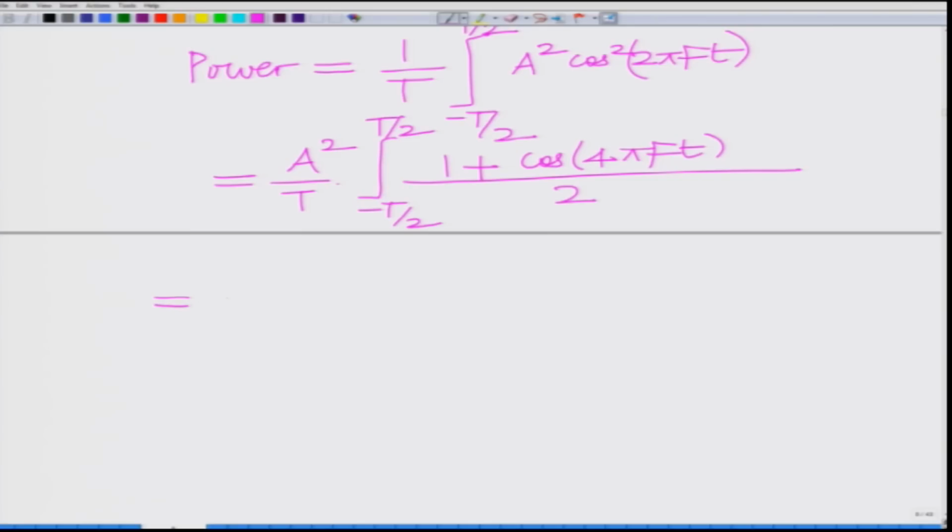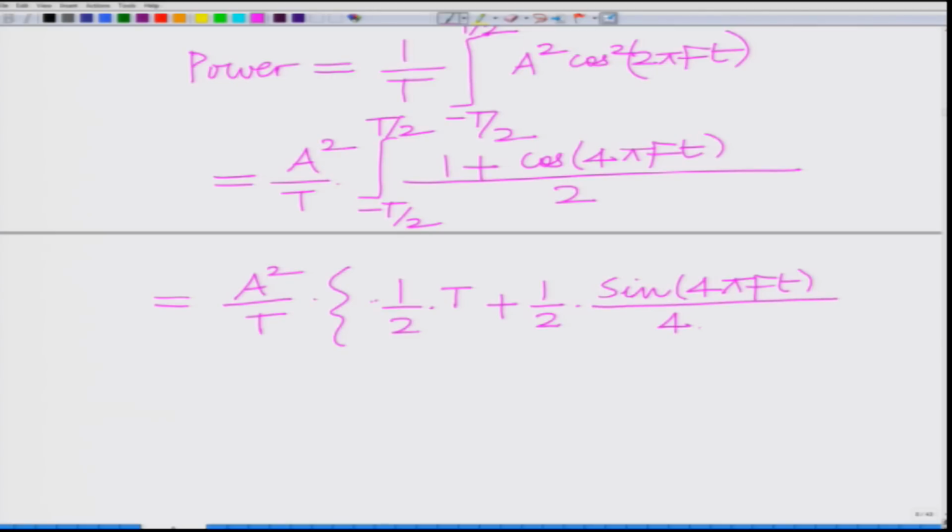So, this is now the integral of half between minus T by 2 to T by 2, that is straightforward, that is half times T, plus half integral of cosine 4 pi f t, which is sine 4 pi f t divided by 4 pi f, evaluated between minus T by 2 to T by 2.